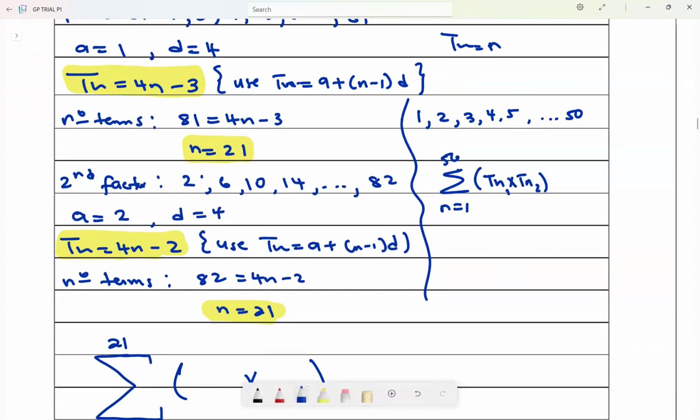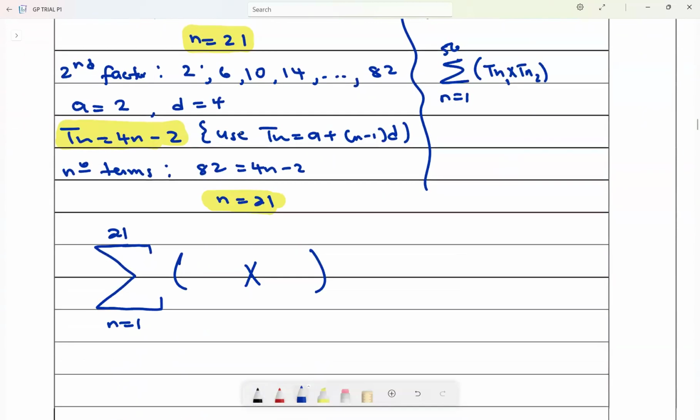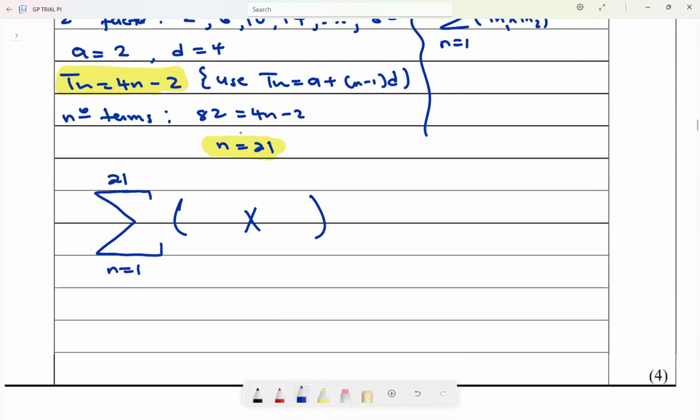The Tn of the first difference is what? 4n minus 3. So I'm going to have 4n minus 3. Okay, remember multiply, I can represent it by 2 brackets, or I can add another bracket like this. And then I multiply by the other one. The other one has 4n minus 2. And then I'm done.